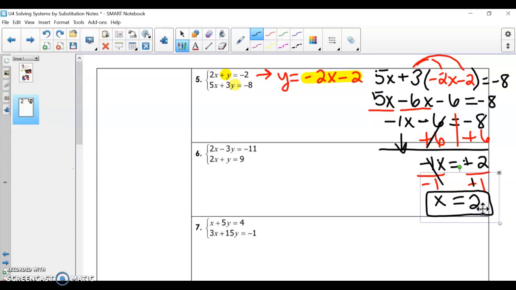And then now that I found that x, so I found what x is, I'm going to take it and plug it into this equation that we converted right here for x, okay? So we're going to substitute the x in for x in the other equation. So I will stick with doing this one in red. So then you have y equals -2, and then now I'm going to take that regular 2 that we just found on the bottom, and I'm going to plug it in just like that, okay?